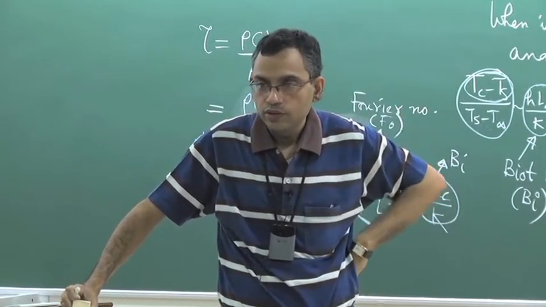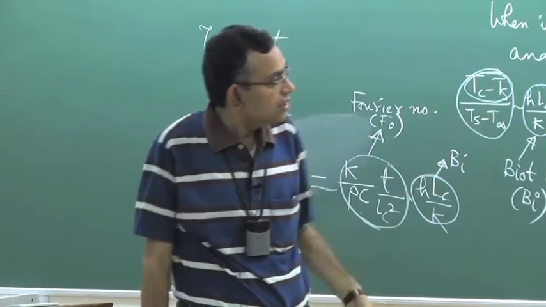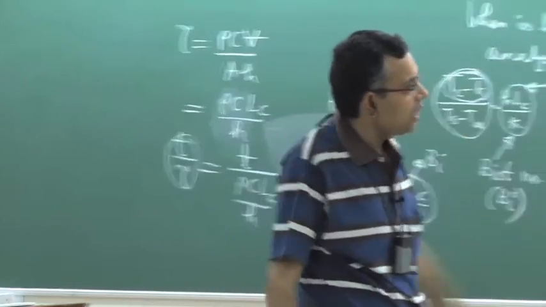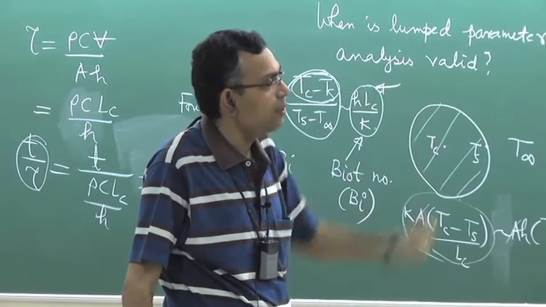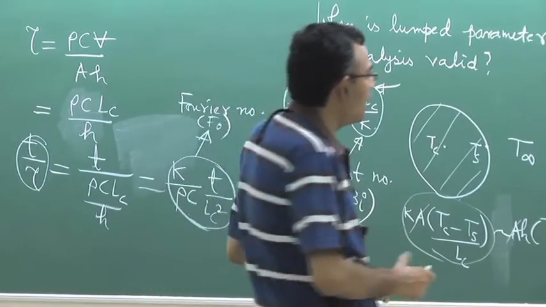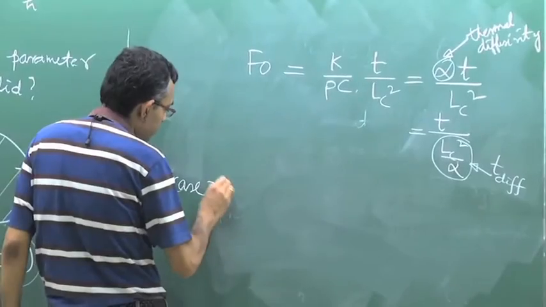Okay. So we have studied the lumped parameter analysis for a limiting case when conduction is dominating. We will consider the other limiting case briefly before working out a couple of problems.